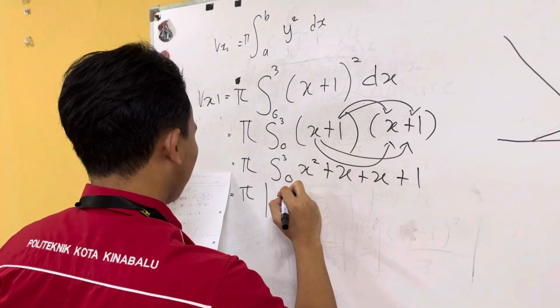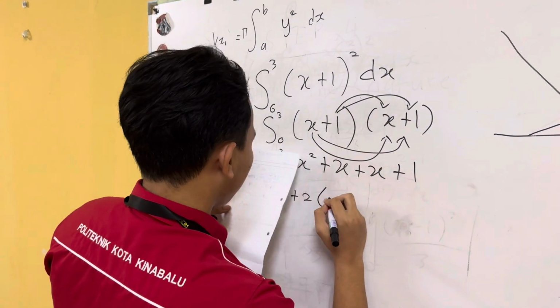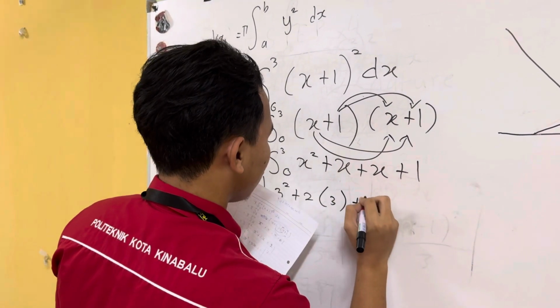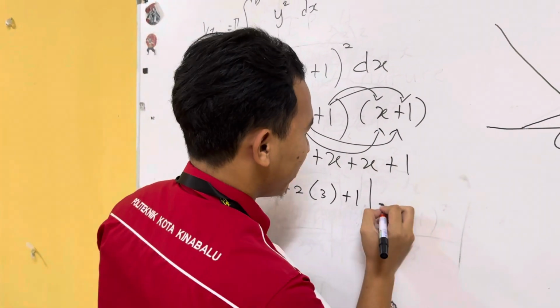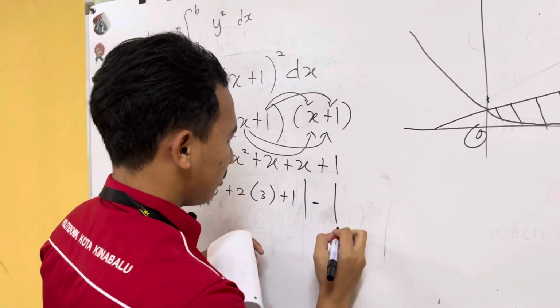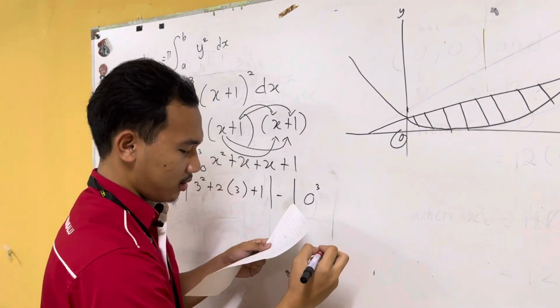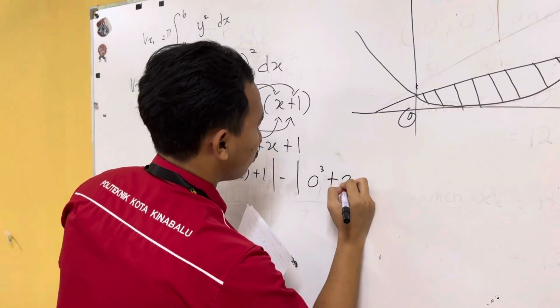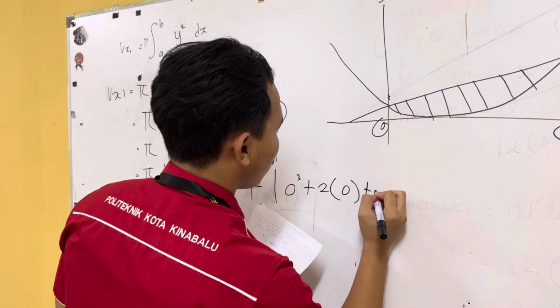So pi times, 3 power of 2 in bracket 3 plus 1. So this is the first one. For the second one, minus this, 0 power of 2 plus 2 in bracket 0 plus 1.